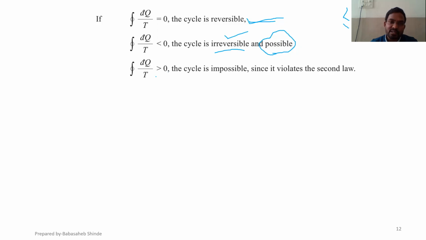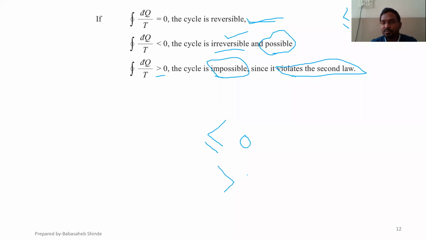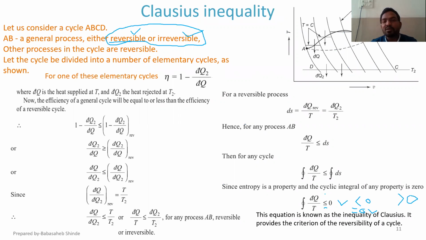But when it is greater than 0, the process is impossible because that is going to violate the second law of thermodynamics. So for any process that occurs in nature, whether reversible or irreversible, it is going to be less than or equal to 0. If it is greater than 0, that process is impossible. Is that fine? This is the most important point from entropy. It has been asked many times in the examination.